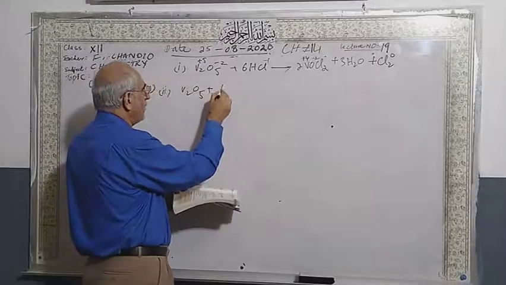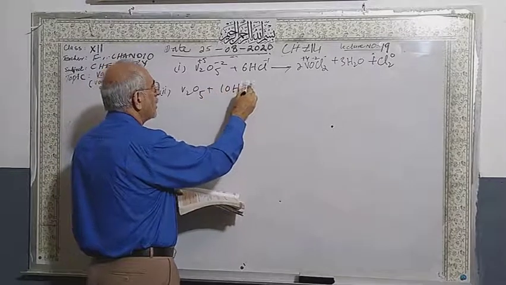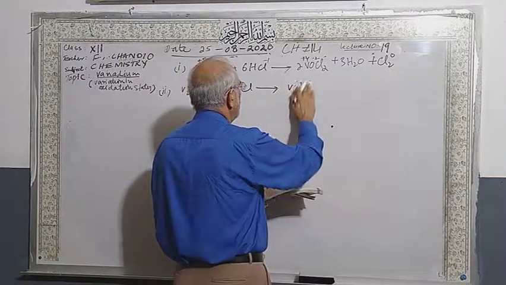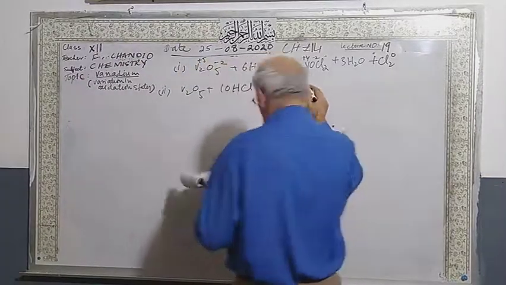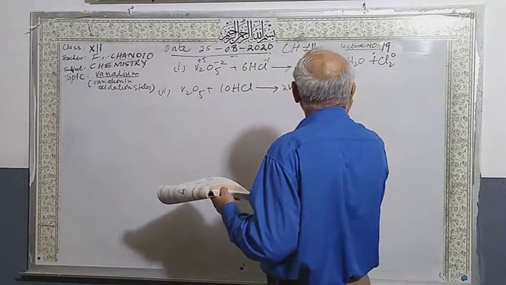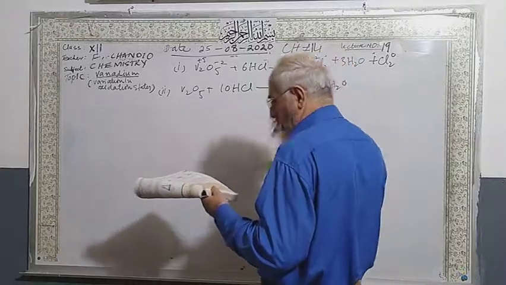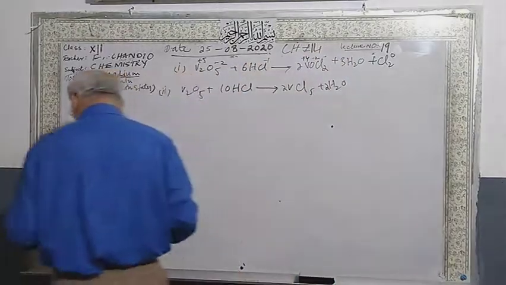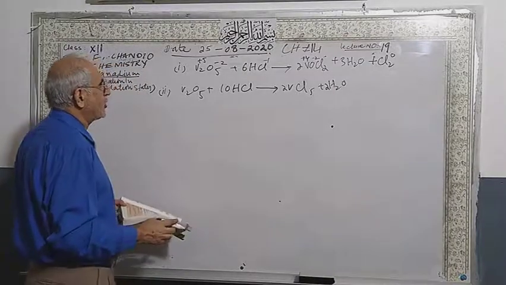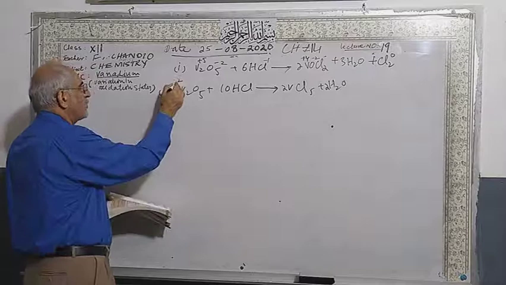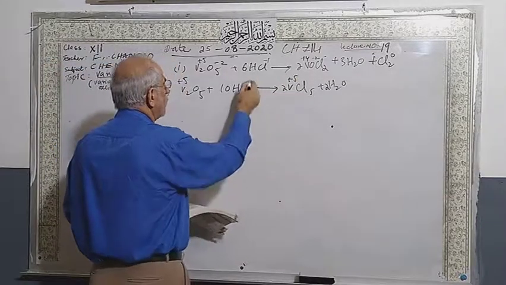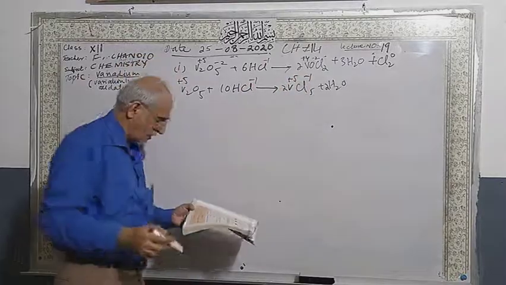In this manner the reaction takes place, so you will get VCl5 and 2H2O. But students, here there is no oxidation and reduction. No oxidation reduction, because vanadium is positive 5 and vanadium is also positive 5. Chlorine is negative 1. So there is no oxidation reduction taking place here.